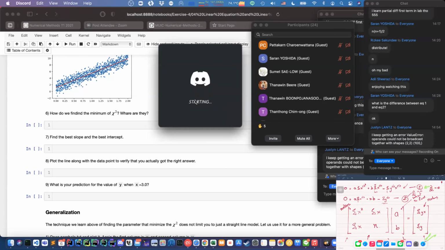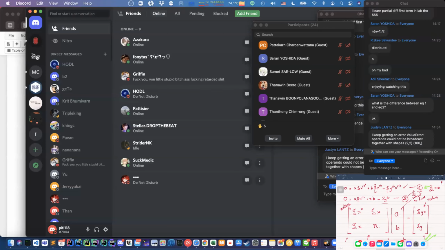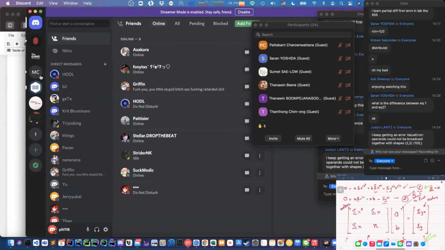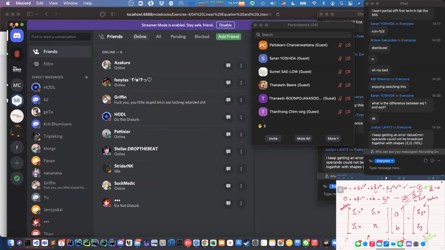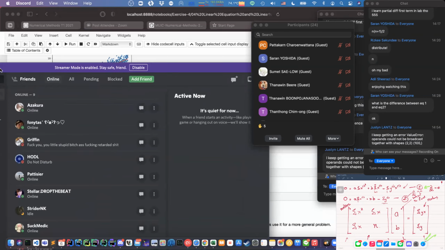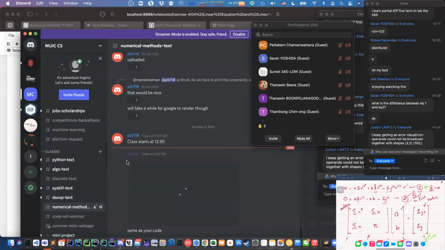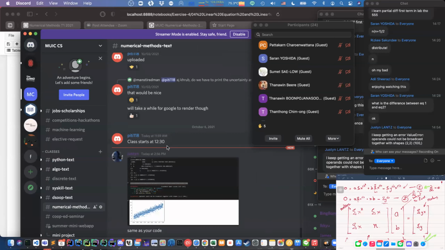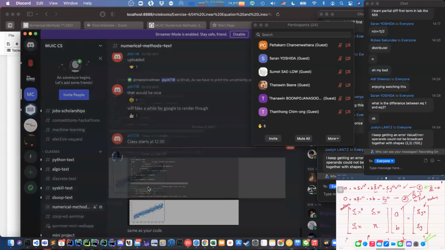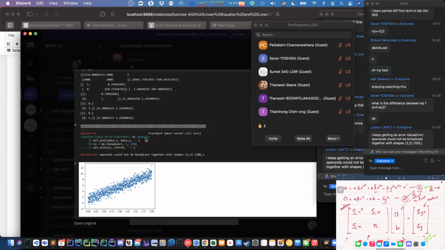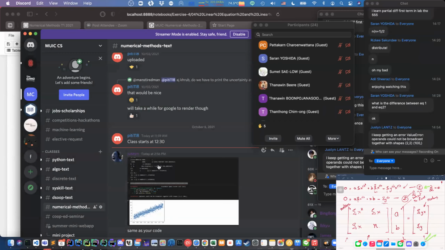Why is Discord disliking me? Okay, and what happened? I have 16 gigabytes of RAM. I should be able to click anything. What? No, show me the code, not the output.